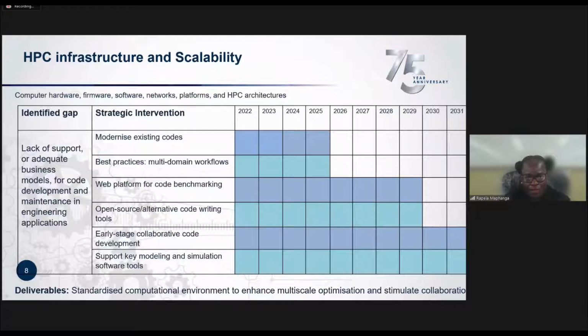So as part of the program, it could be explored how do we take the codes, particularly those that were developed in South Africa, how do we modernize those existing codes? Then what are the best practices for the multi-domain workflows? Then can we create some web platform for code benchmarking?